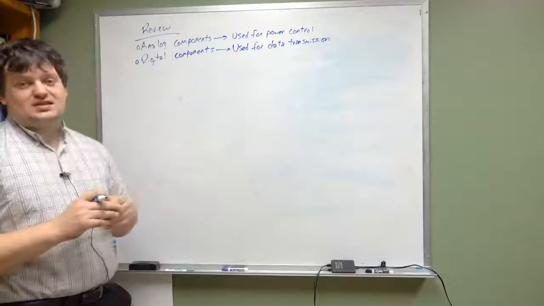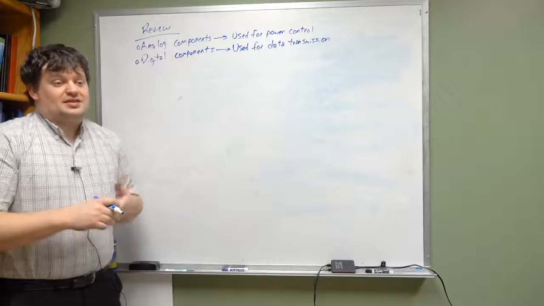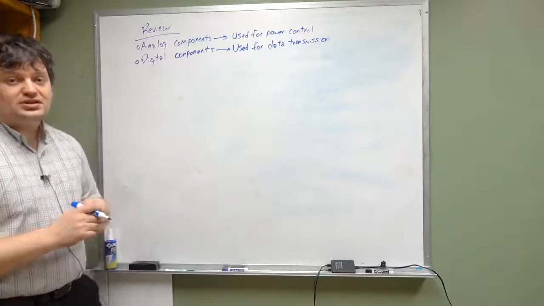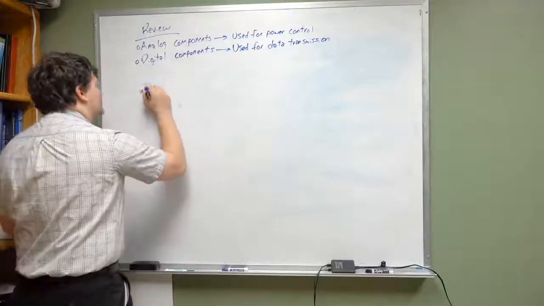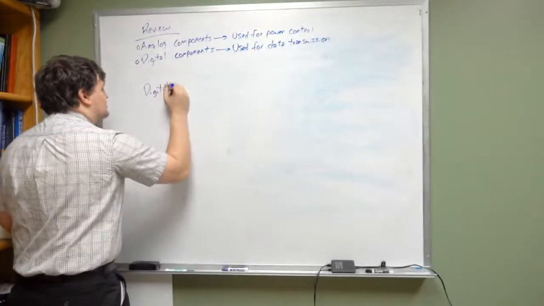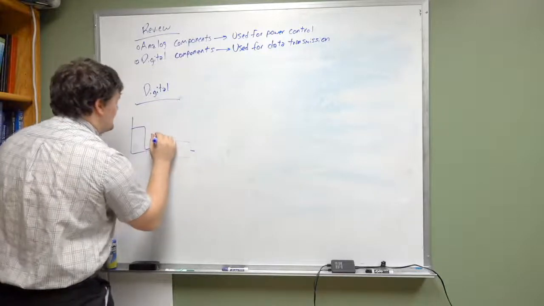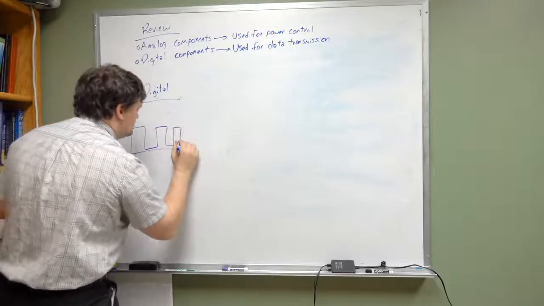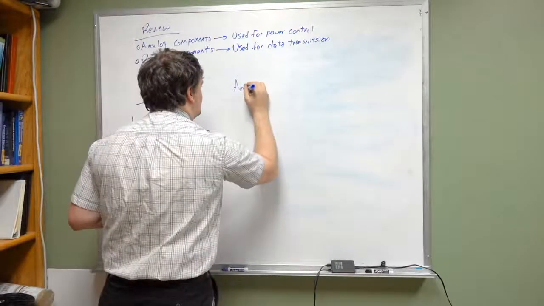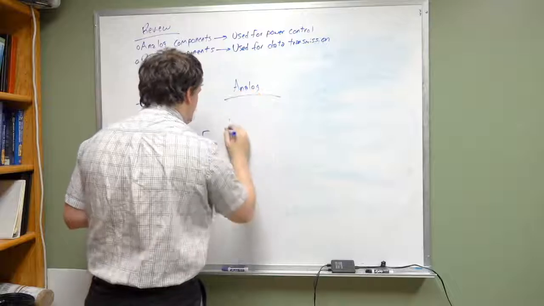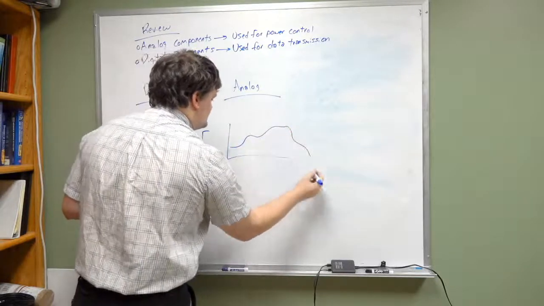Digital components are anything that relies on Boolean logic. If you remember the difference, a digital signal has highs and lows, whereas an analog signal experiences a range.